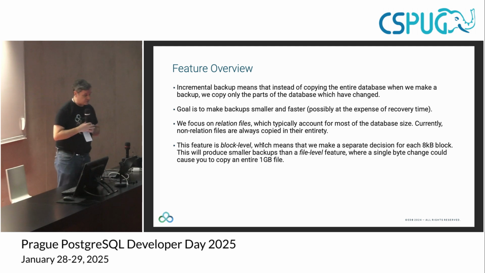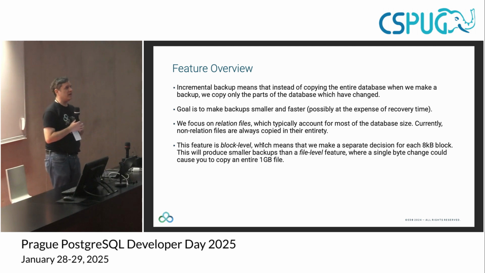This is a block level feature, so we're going to make a separate decision for each 8 kilobyte block within that 1 gigabyte file. And so that will hopefully, in most cases, produce smaller backups, although how much smaller depends a lot on what your modification pattern is.